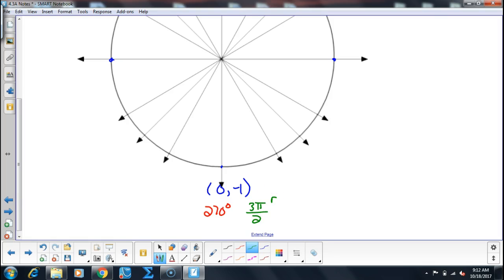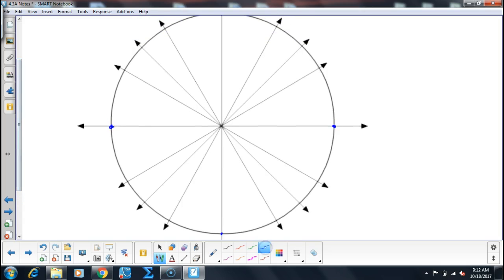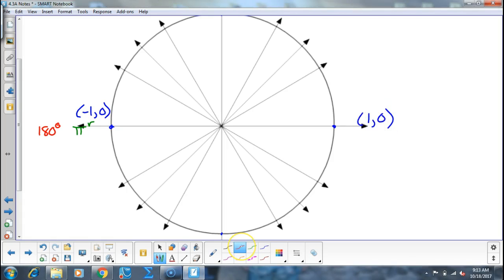Yes? And then over here, this one was the point (-1, 0), and that was 180 degrees or pi radians. We had this one over here, which was the point (1, 0), and that was 0 degrees or 360 degrees, and 0 radians or 2 pi radians.